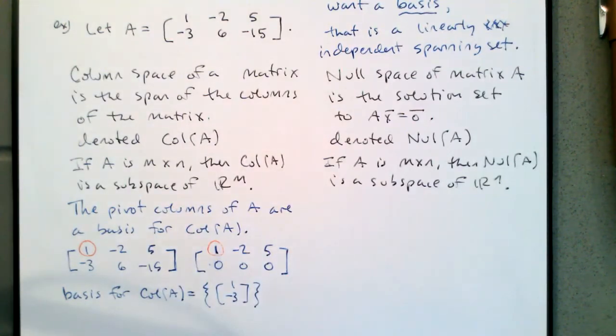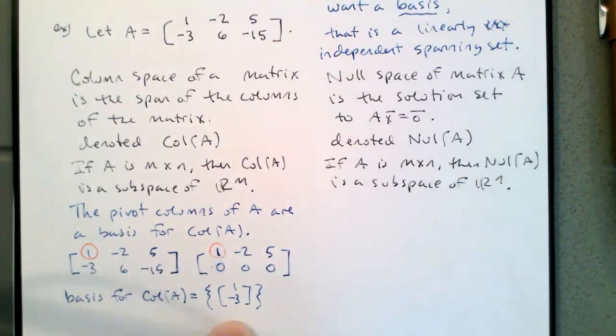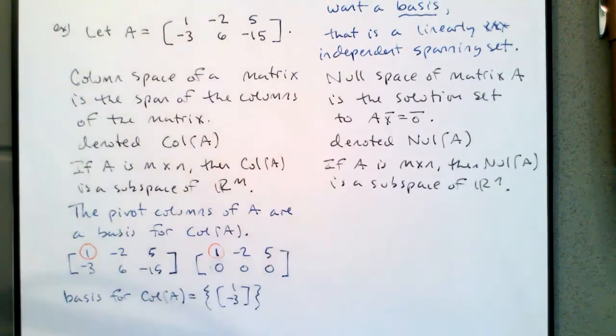Look at everything that I've written here. A basis for the column space of A is this vector 1, -3. That is every linear combination of the vector, every scalar multiple, because there's only one of them. Every scalar multiple of the vector 1, -3 is in the column space of A.